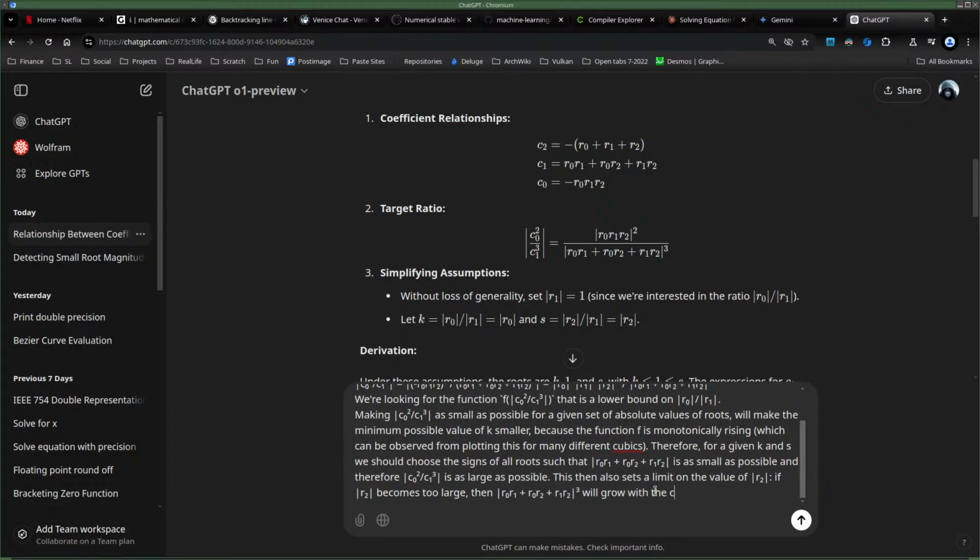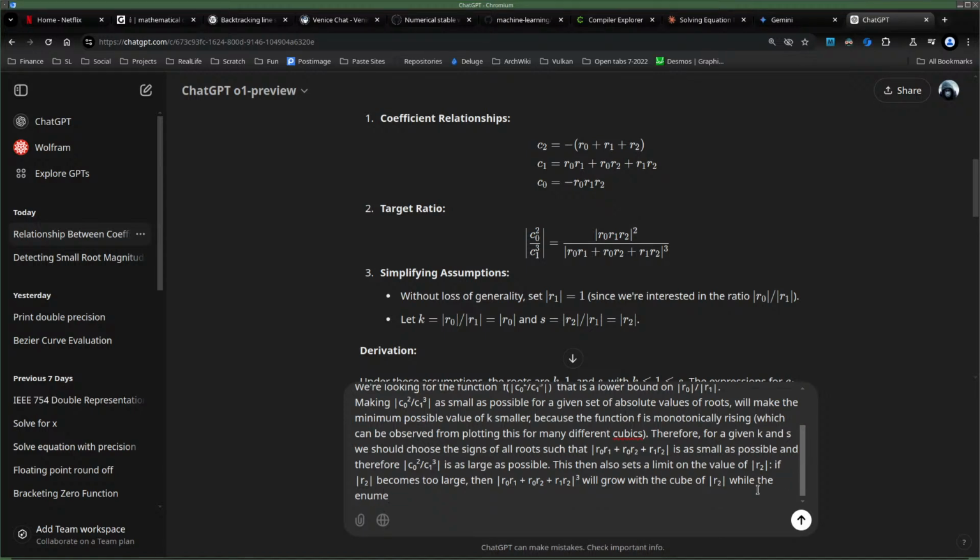We'll grow with the cube of R2, while the numerator grows with the square of R2. And making smaller again.